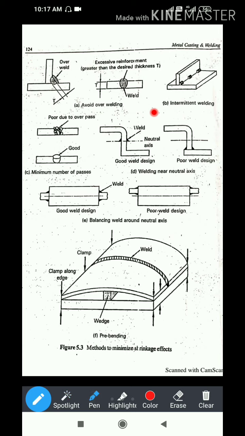So see, I will show with this one. This is completely going to be welded this way. But before making a pass from this side to this side, what they do is, these two metals are to be joined over there, so spot welding is done.